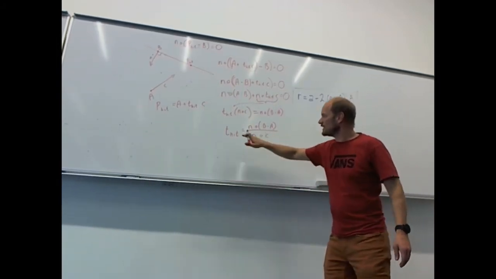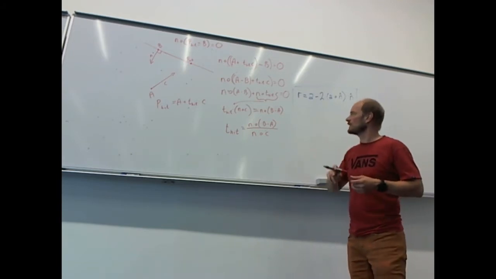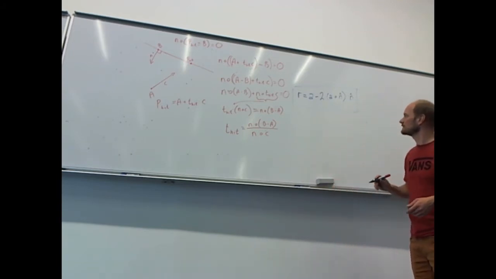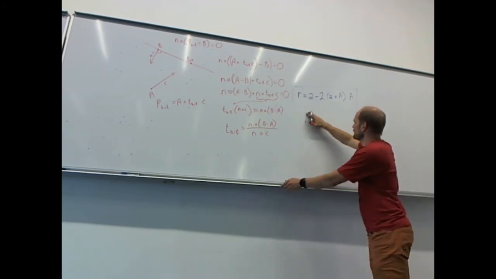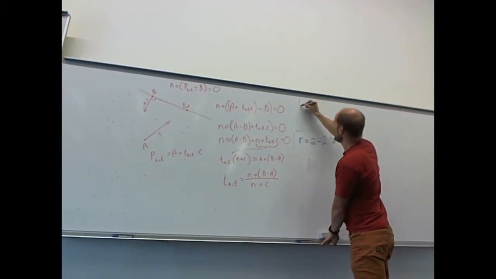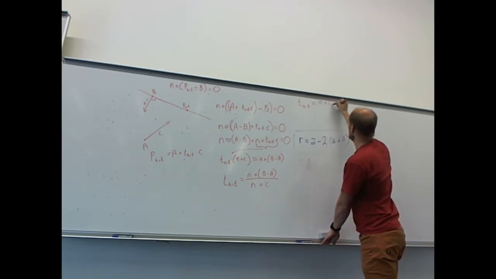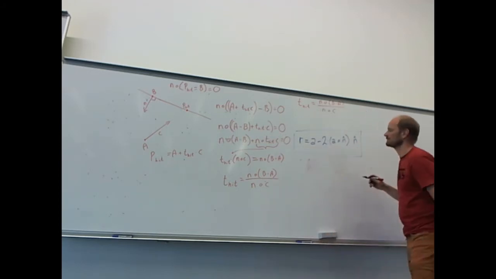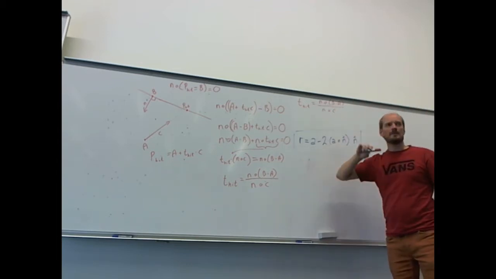So I've found T hit. I've found when this collision happens. How do I calculate where this collision happens? So if T, let's say this is the first part here. The reflection is the last part. The first part is when did this happen? N dot B minus A divided by N dot C. How do I find where this happens?